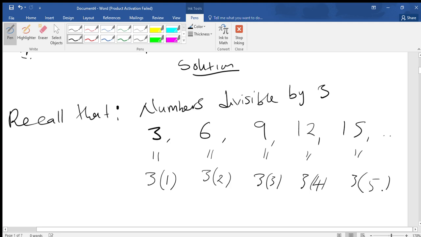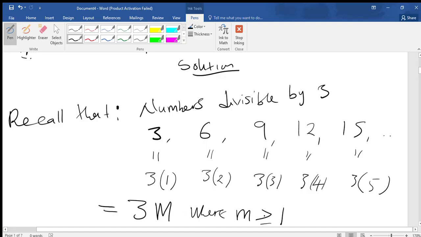So it means that if a certain expression is divisible by 3, it can be written in the form 3m, where m is greater than or equal to 1.